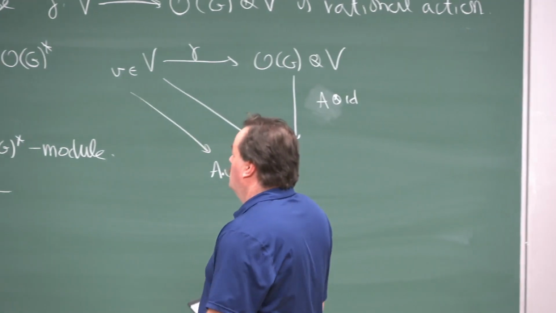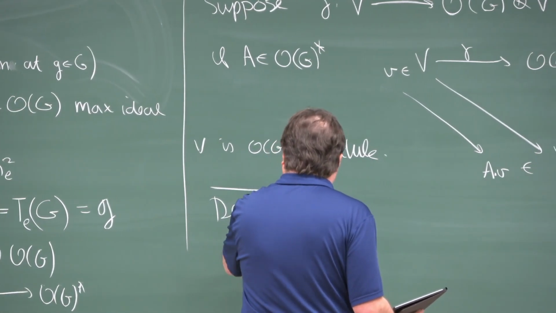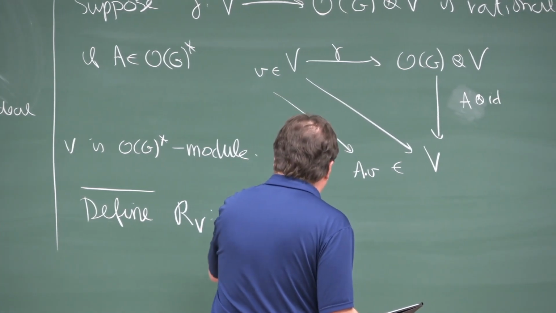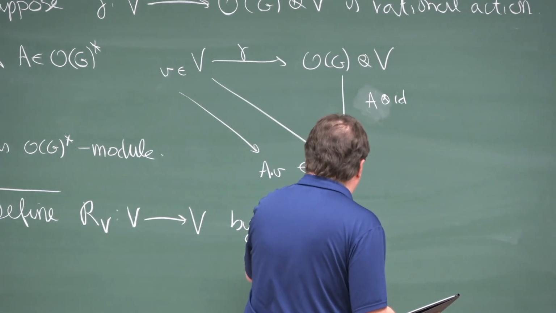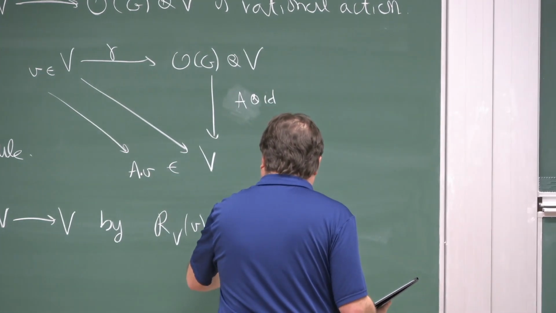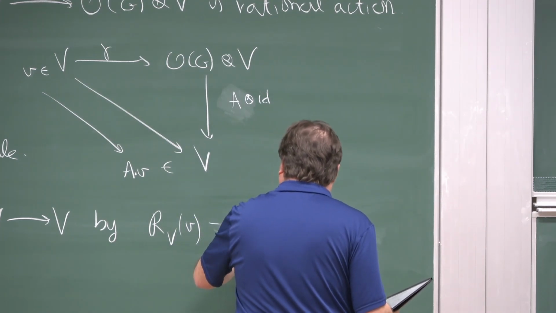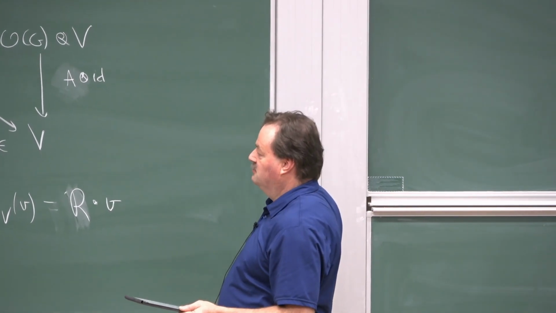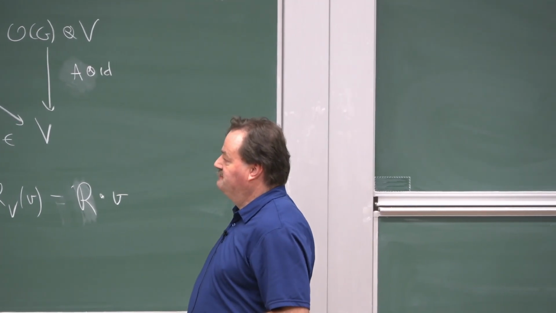Okay, so I define R_V going from V to V, where R_V of a vector v is just the Reynolds operator R applied to v, just how R acts on this vector space.